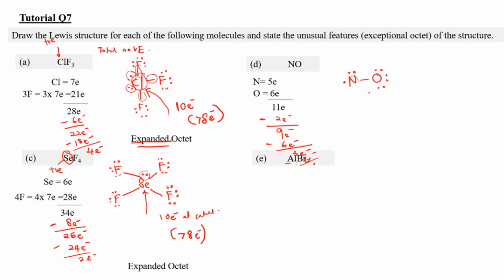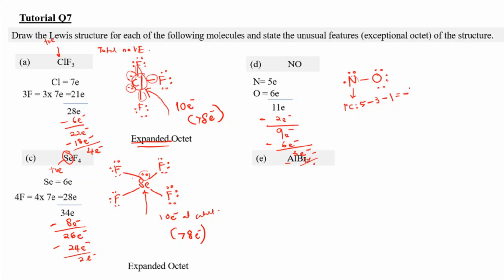Okay, so from here, you can see that this is not the most plausible structure because when you calculate the formal charge, the nitrogen will have 5 valence electrons, right? Minus 1, 2, 3 lone pair electrons, minus 1 bonding pair.